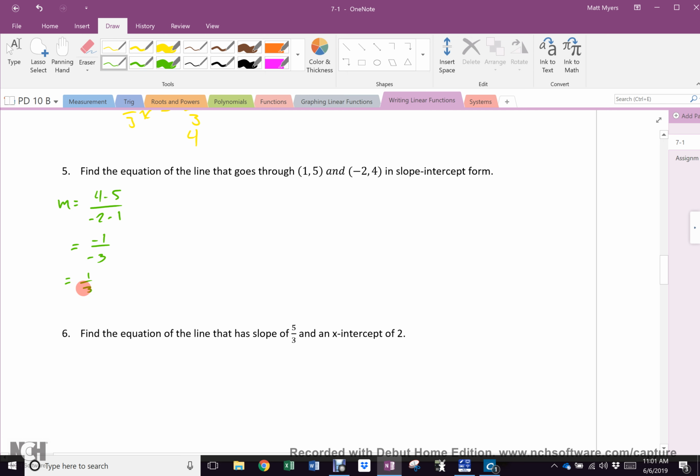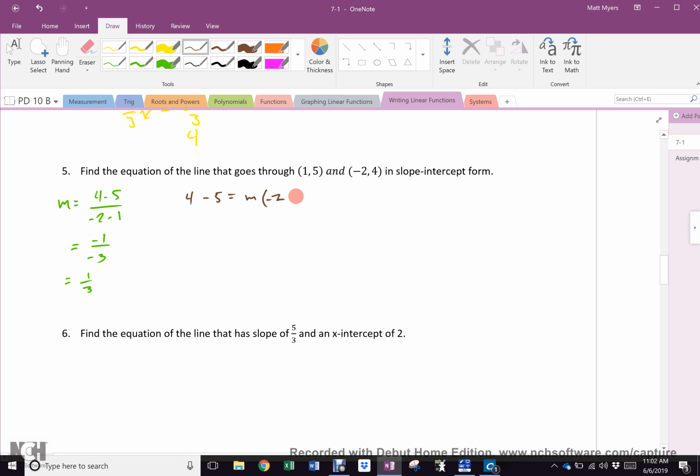Yes? Could I use point slope form to find this? Could I have done this? 4 minus 5 equals m times negative 2 minus 1. Sorry, not m plus 2.